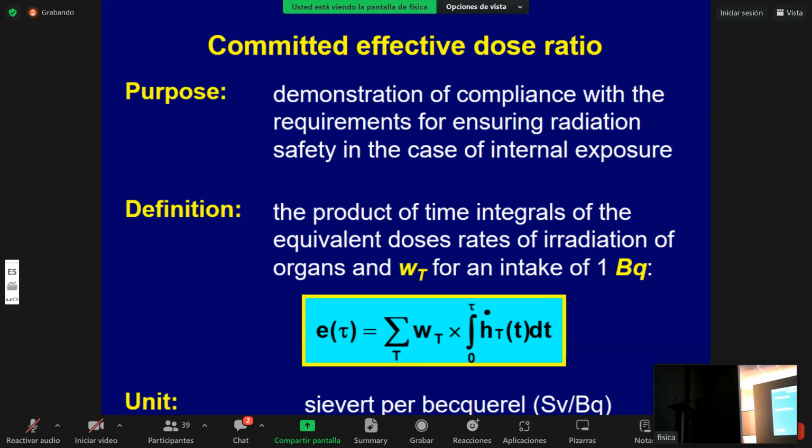For the purposes of radiation safety, it is assumed that tau equals 50 years for adults who are 20 years old, and tau equals 70 minus G, where G is age, for people under 20 years of age.